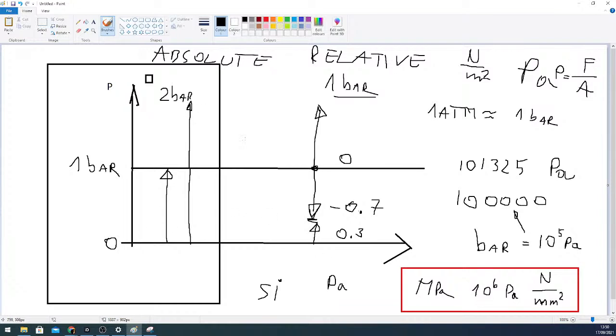Then usually, for example, the system pressure in pneumatic systems is around 6 bars of pressure. If we want to convert that into megapascal, how many megapascals do we have if we start with 6 bars of pressure? What's that in megapascals? 0.6.